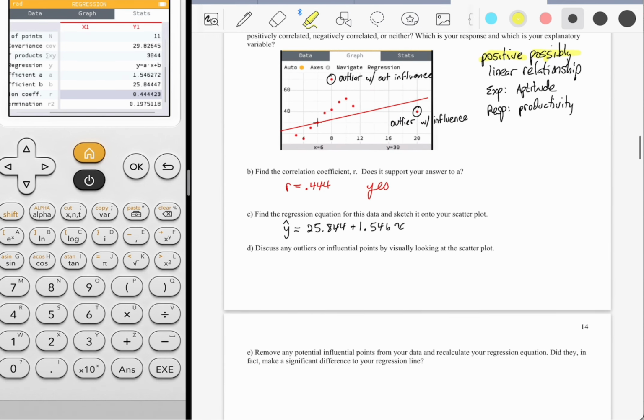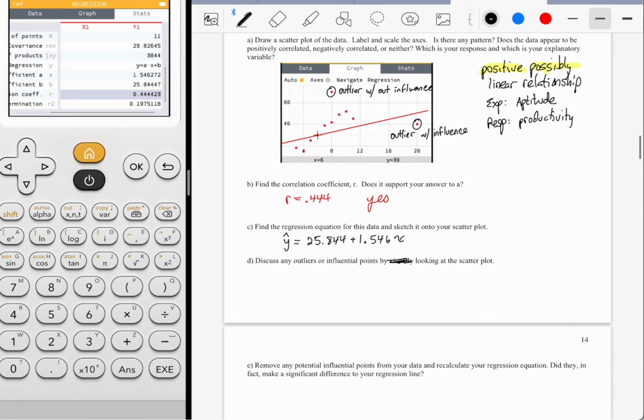All right. Discuss any outliers or influential points by visually looking at the scatter plot. That's a little redundant, visually looking. I suppose visually doesn't need to be there. I don't know how else you'd look at it.